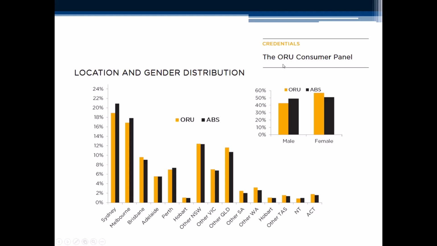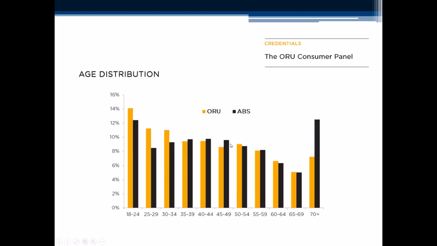Here I've got data from the panel that's available from the online research unit consumer panel relative to data from the Australian Bureau of Statistics: how many are male versus female compared to the wider population, and how many people are present within each of the different geographic locations around Australia compared to the number of people we'd expect to be living in those places. You can see this is really quite comparable, therefore the online research unit consumer panel is probably fairly representative, and you can see also with these age groups it's still very representative.